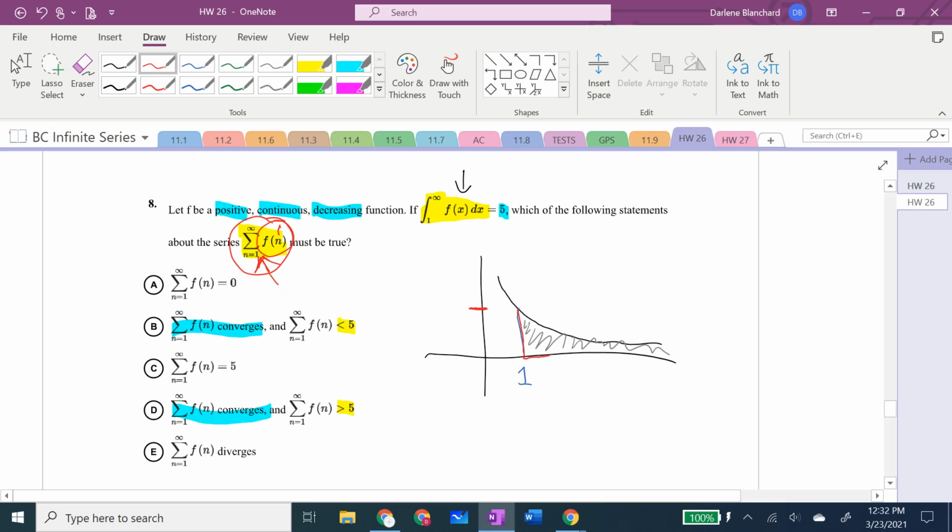Then, if you go 1 unit to the right, and you turn this into a rectangle that has a width of 1 unit multiplied by a height that is a sub 1, the area of this rectangle is the same number as you get with a sub 1. The next n that you would be plugging in is 2.